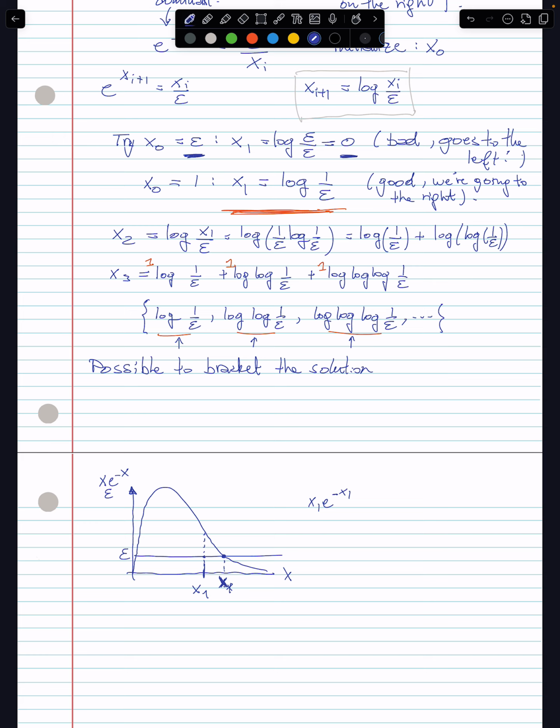All right. And so if we want to compute this, let's just substitute x1 in that expression. And x1 is what we have underlined over here. This is the log of 1 over epsilon.